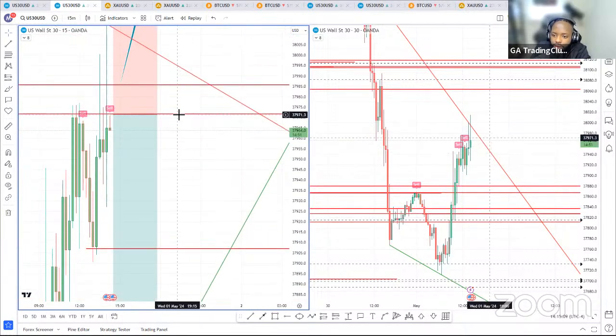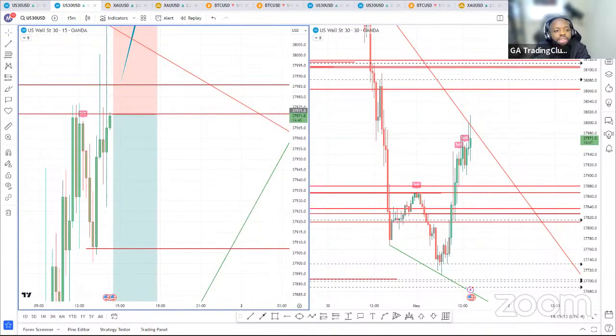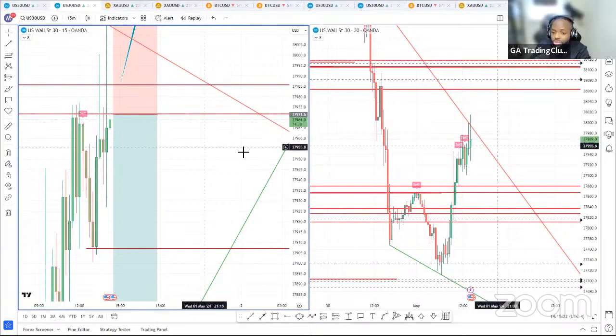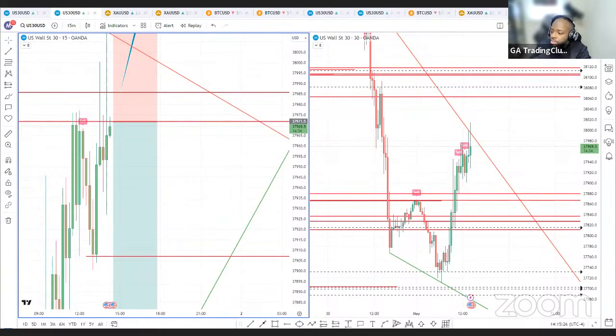So let me set that alert. So we need price to tag that SAR. Okay, so it's already tagged. And then what I'll do, I'll look to my 5-second time frame chart on the left, and I'll let you guys know when I do get that crossover sell, because my entry is on the 5-second time frame. So I'm still not in, and I'll let you guys know when I get that crossover sell.